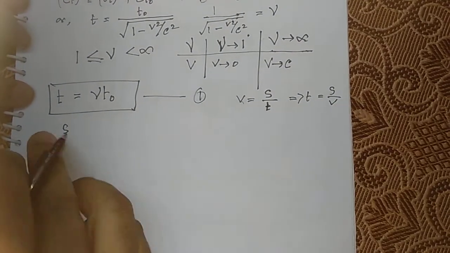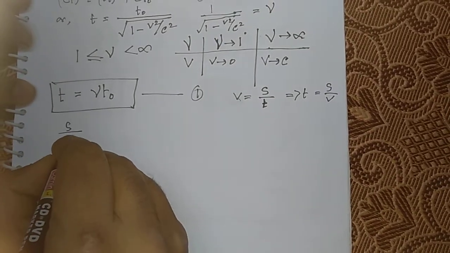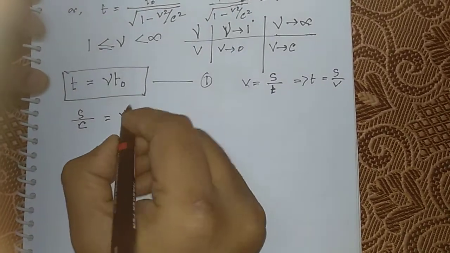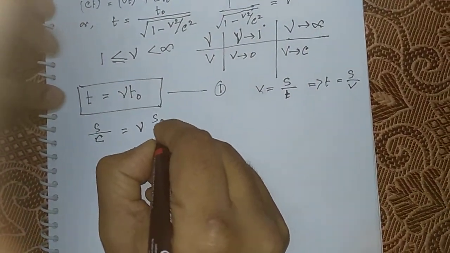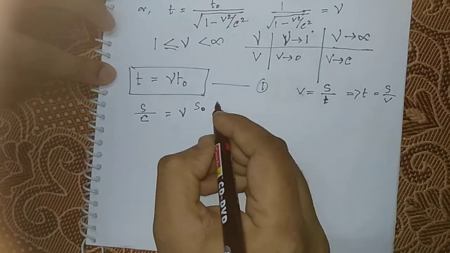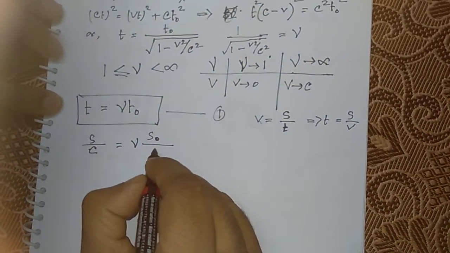Similarly, let's say t equals s by c, where c is the velocity of light, is equal to gamma times s0 by c. Here from t0 I am writing s0 because the length will be different relative to me.